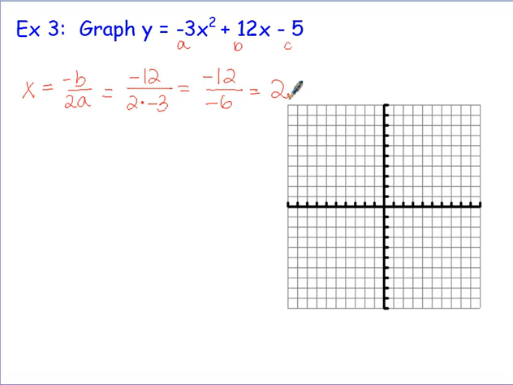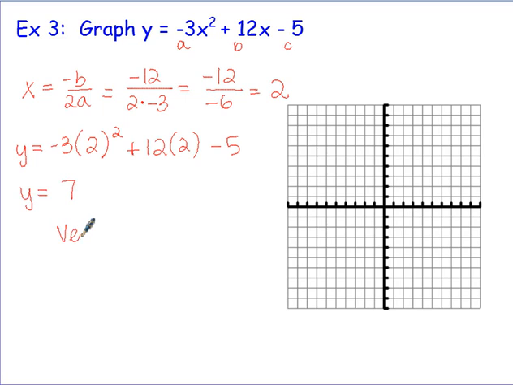So then you should have plugged positive 2 where both x's are. It should look like y equals negative 3 parentheses 2 close parentheses squared plus 12 parentheses 2 minus 5. After you typed all of that in the calculator, you should have gotten y equals 7.